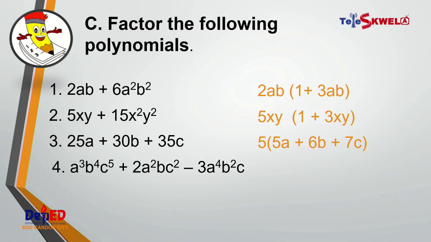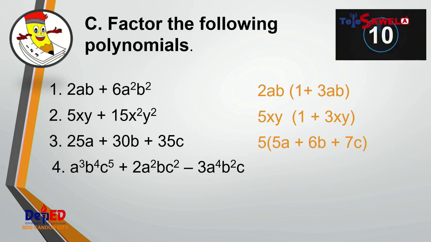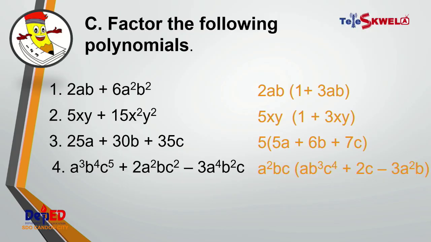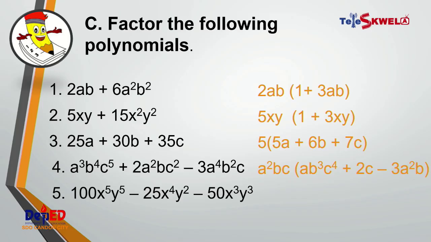Number 4, a cubed b raised to 4 c raised to 5 plus 2a squared bc squared minus 3a raised to 4 b squared c. The correct answer is a squared bc times the quantity ab cubed c raised to 4 plus 2c minus 3a squared b.